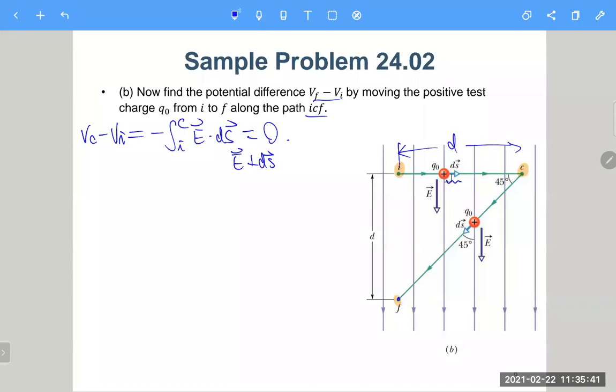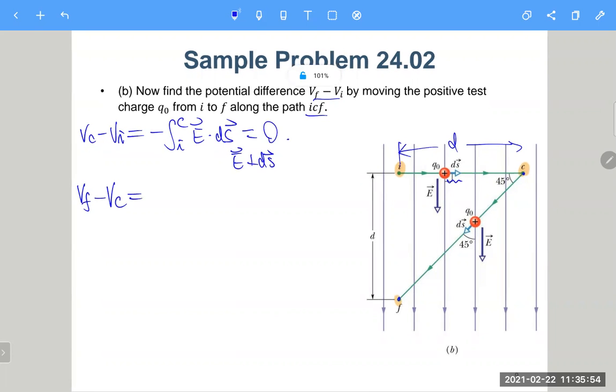Next, we consider Vf minus Vc, which means the potential change from point C to point F. So it should be minus the integration from C to F of E dot ds. Here ds points to the bottom left and E points to the bottom.